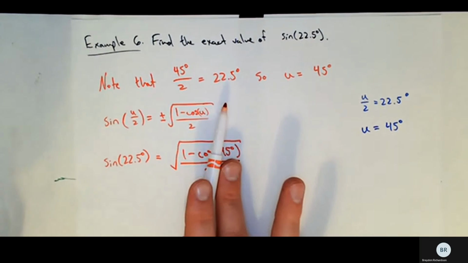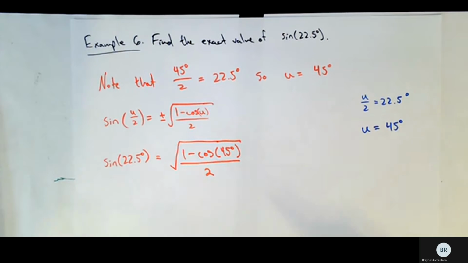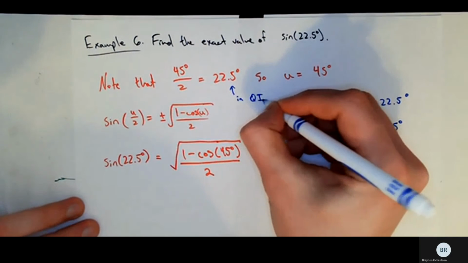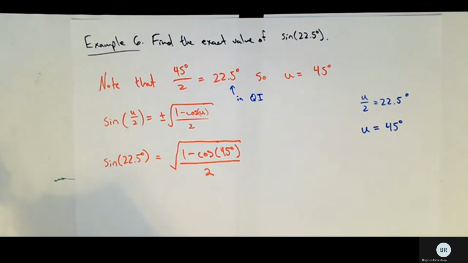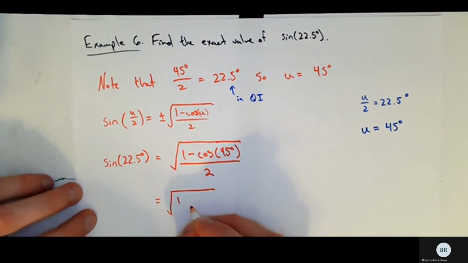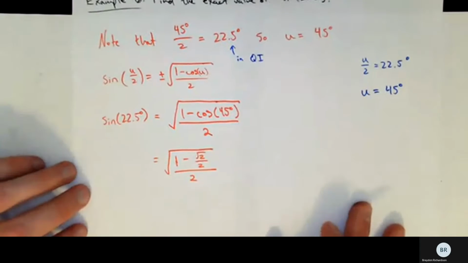Well, 22.5 degrees is in quadrant 1, so this is positive. Now I know that cosine of 45 degrees is square root of 2 over 2, and then this is all over 2, just like that.